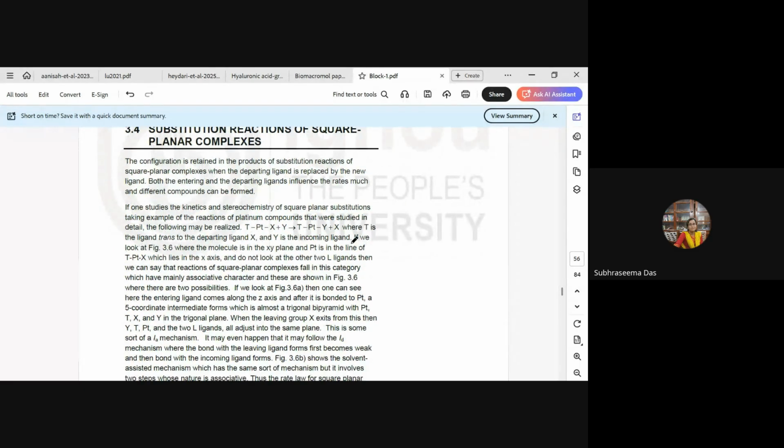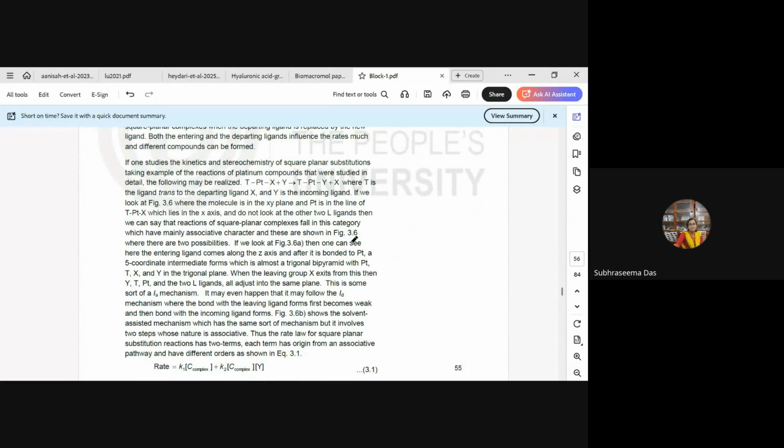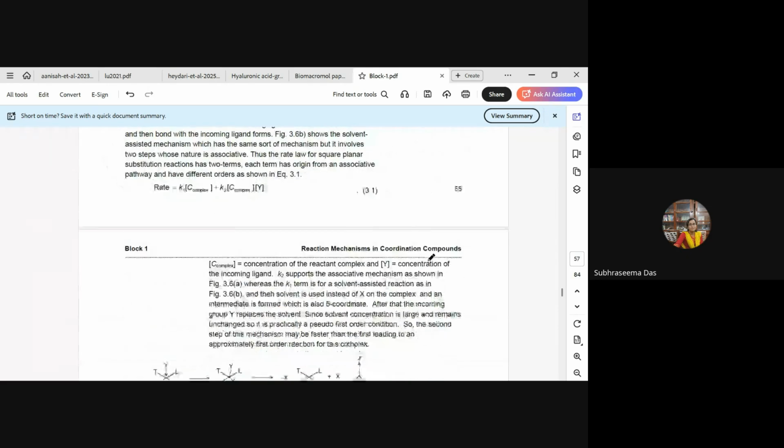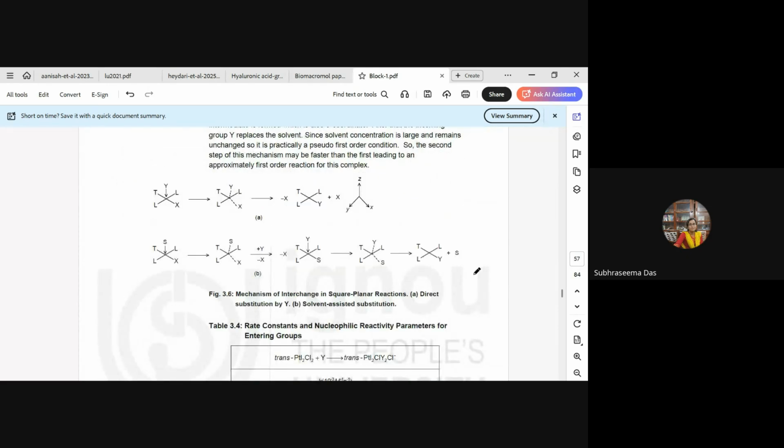If we study the kinetics, thermochemistry and stereochemistry of square planar substitutions, taking the example of the reactions of platinum compounds that were studied in detail, we see that T-Pt-X plus Y gives rise to T-Pt-Y plus X. T is the trans ligand to the platinum, X is the ligand that goes away, and Y is the ligand that is being substituted. From figure 3.6, you can see the mechanism of interchange in square planar reactions.